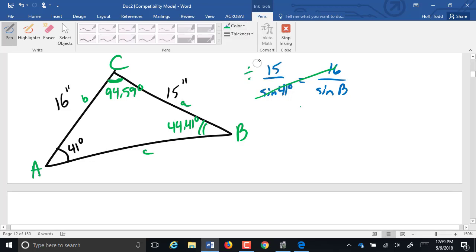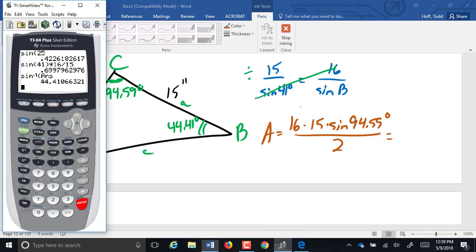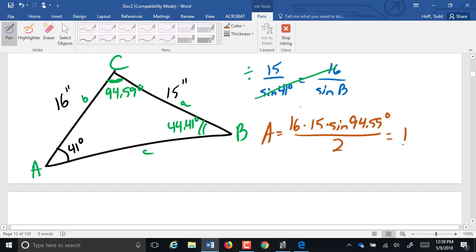Now I can find the area: 16 times 15 times the sine of 94.59 degrees over 2. That's 119.62. Those are in inches, so that'll be inches squared. What do you think? Good stuff?